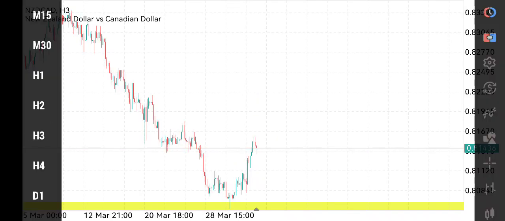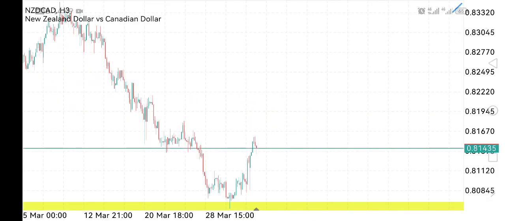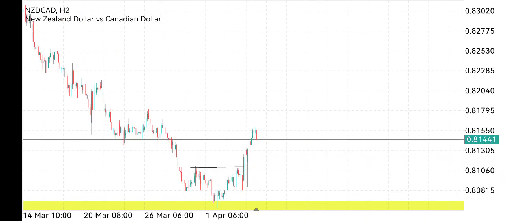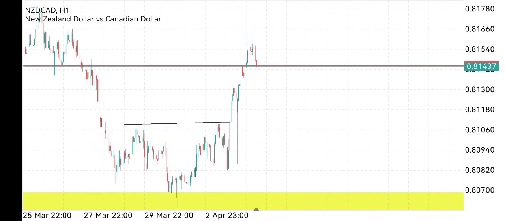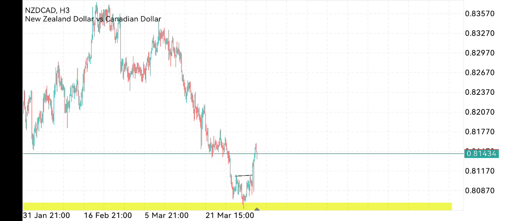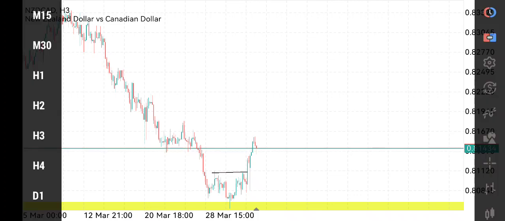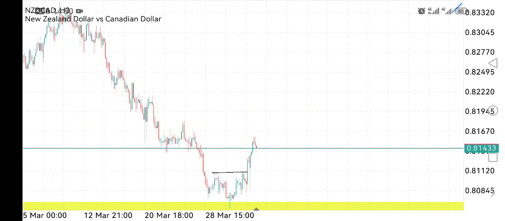So you go to smaller time frame H3 or H1 or H2, then you will see that we have a break of structure there. Since you have a break of structure there, you need to find a zone where you can enter the positions. On this pair, which area we're going to use, I prefer, because here I can see that we have liquidity here, liquidity there, liquidity there.